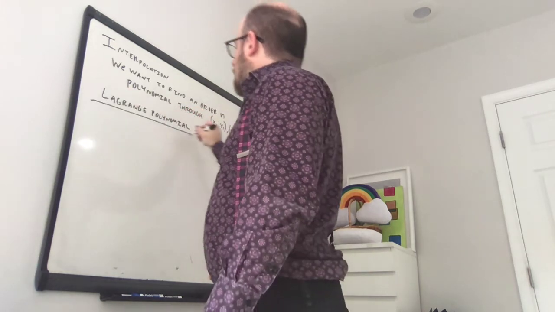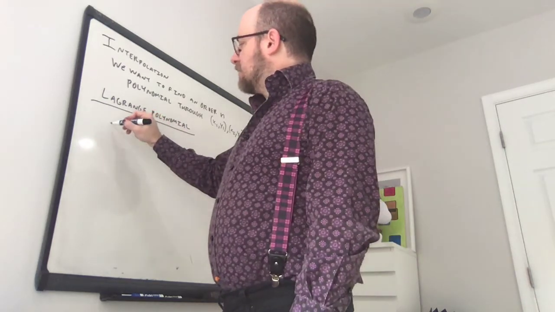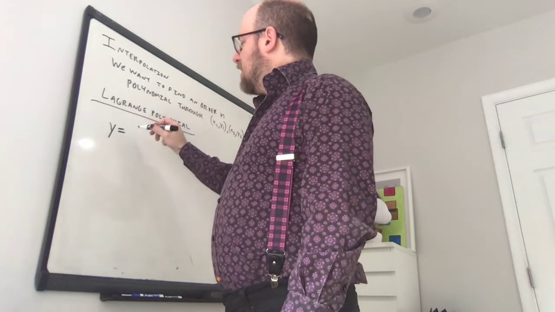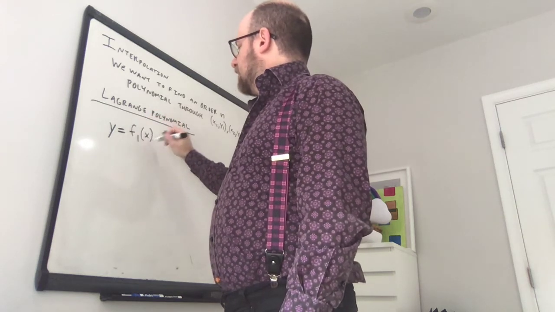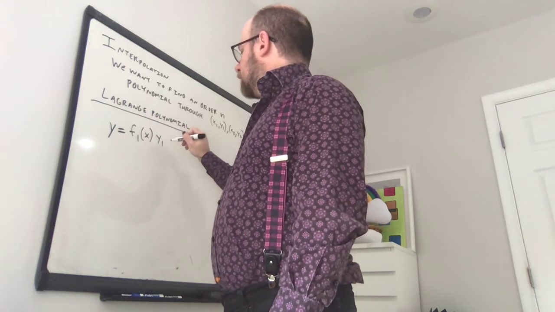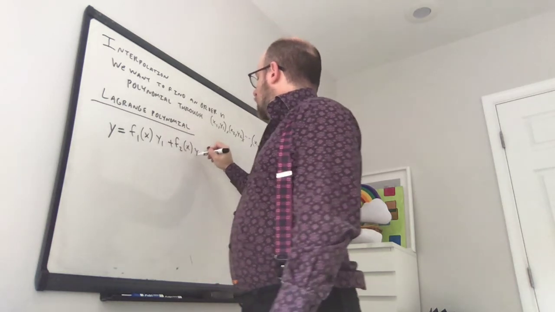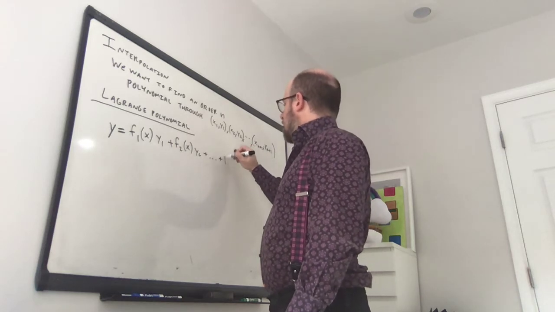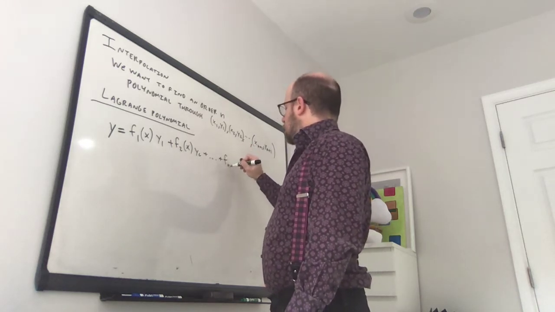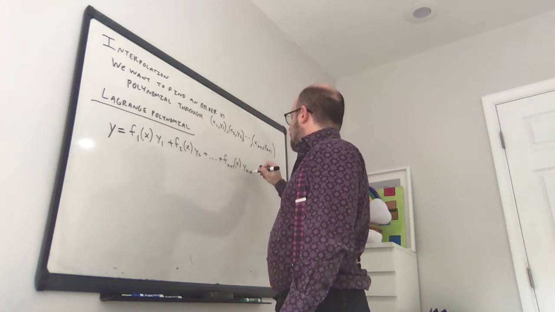Okay? And so the Lagrange polynomial is going to be defined as y equals f1 of x times y1 plus f2 of x times y2 all the way up to plus f n plus 1 of x times y n plus 1.